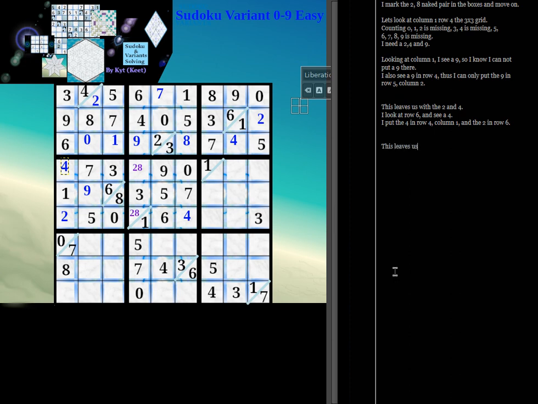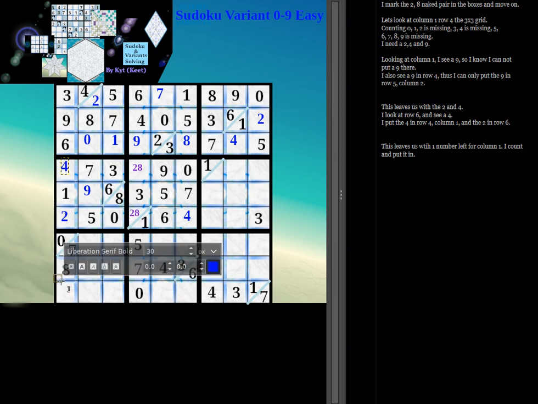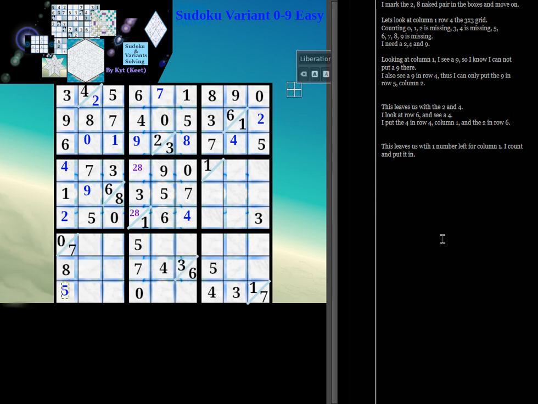This leaves us with one number left for column 1. I count and put it in. Did you put in the 5? Good.